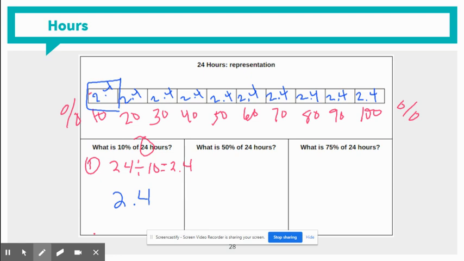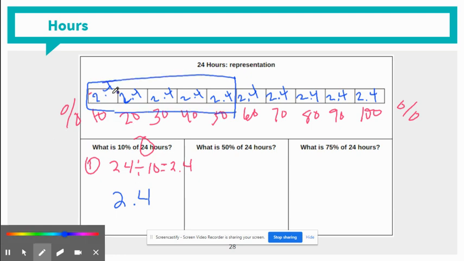All right, what is 50% of 24 hours? I go to 50%, I draw a line, and I count how many of these there are. 1, 2, 3, 4, 5. So I can add up 2.4 five times, or I can multiply it.